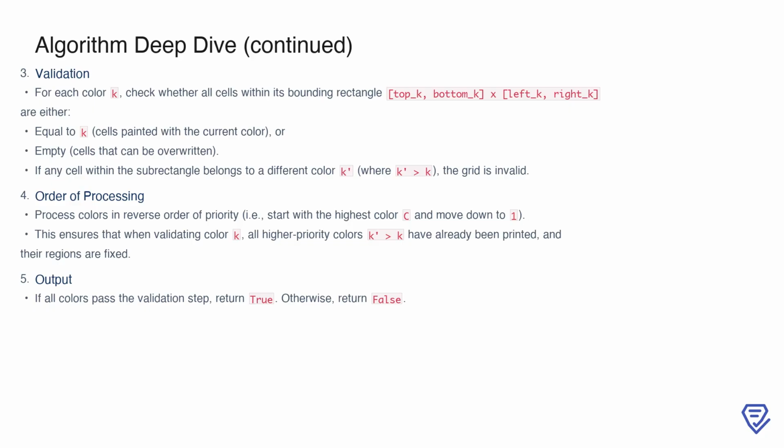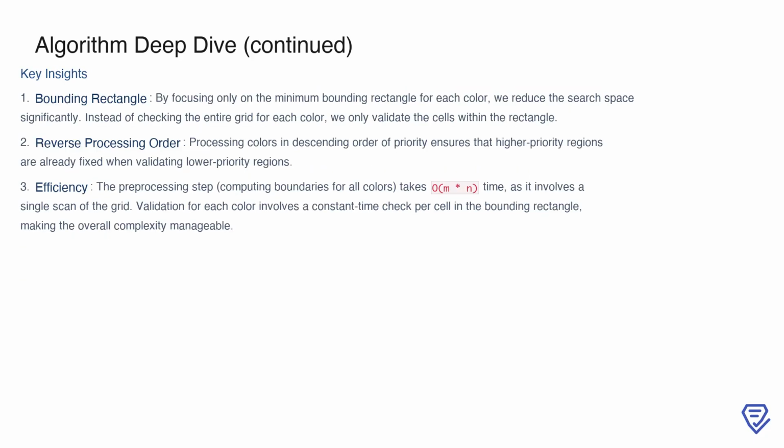Several key insights help optimize our approach. First, focusing solely on the minimum bounding rectangle for each color significantly reduces the search space. Instead of checking the entire grid for every color, we limit our validation to the cells within these rectangles.